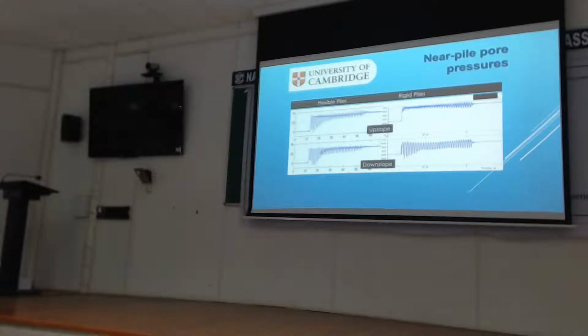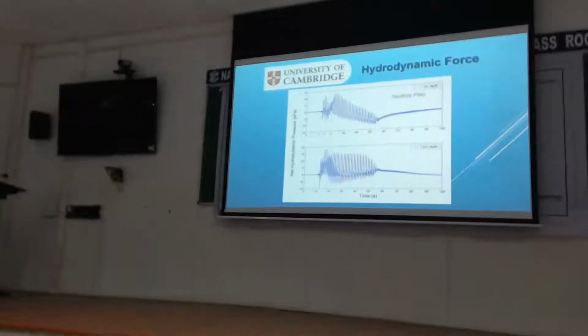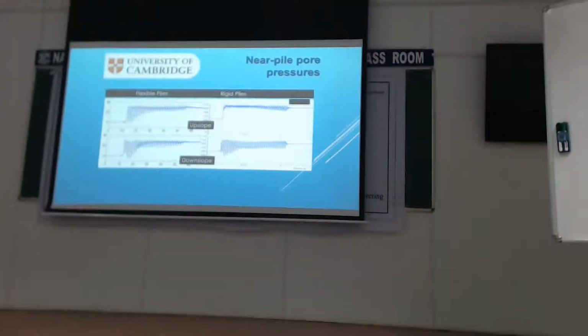It's doing something interesting. So we said, how can we look at this? You could look at the difference between the two. In effect, what the pile cares about is the difference. So if there is any phase difference between upslope and downslope, then your difference gets added up, and it does.